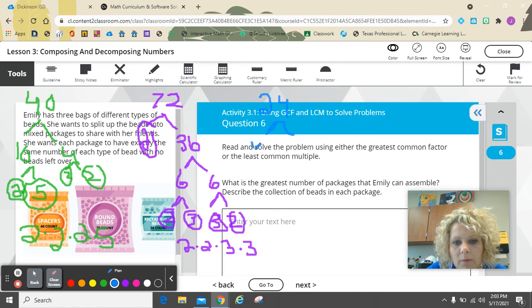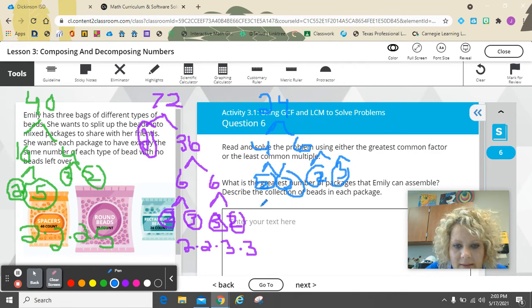I can do 4 and 6, and then I can do 2 and 2, 2's prime, 2's prime, and then 6 I have 2 and 3. So my prime factorization of this one will be 2 times 2 times 2 times 3.